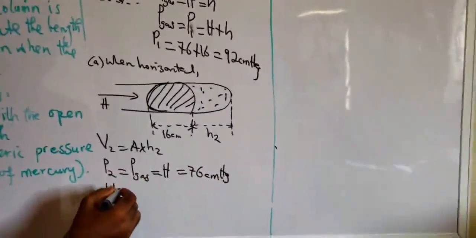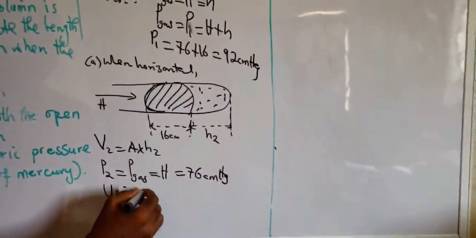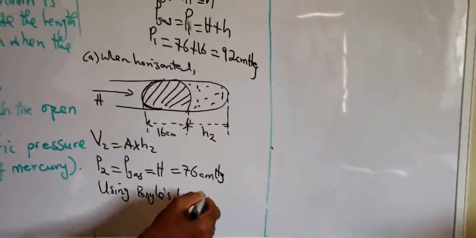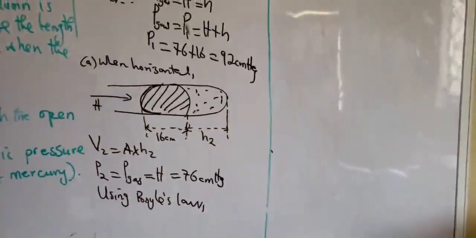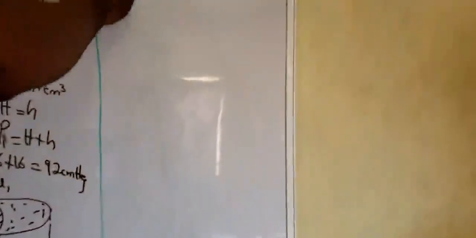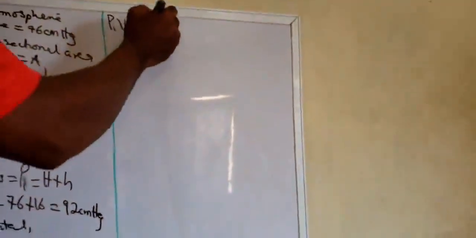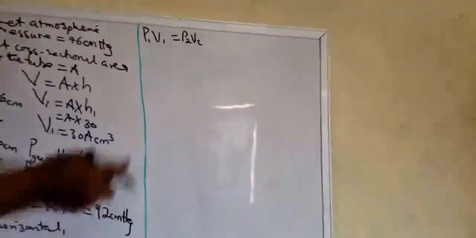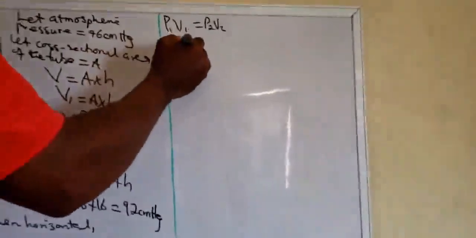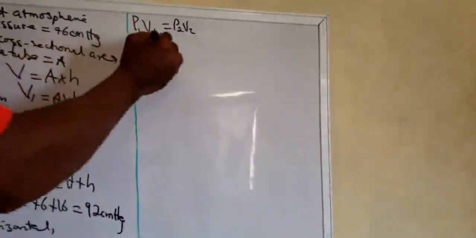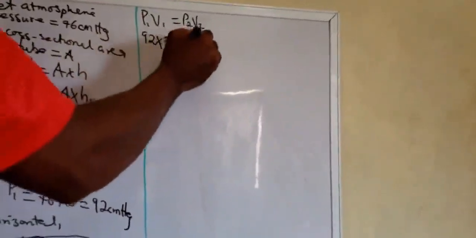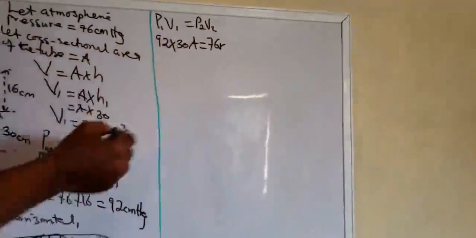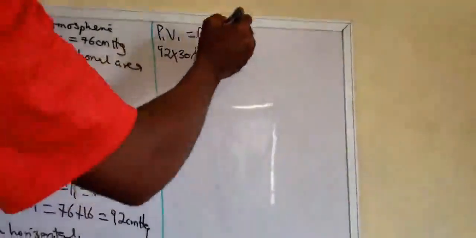So we can use Boyle's law to check what is happening in this situation. So we say P1 V1 should be the same as P2 V2. What is our P1? 92. What's our V1? 30A, equal to, what is our P2? 76. What is our V2? AH2.